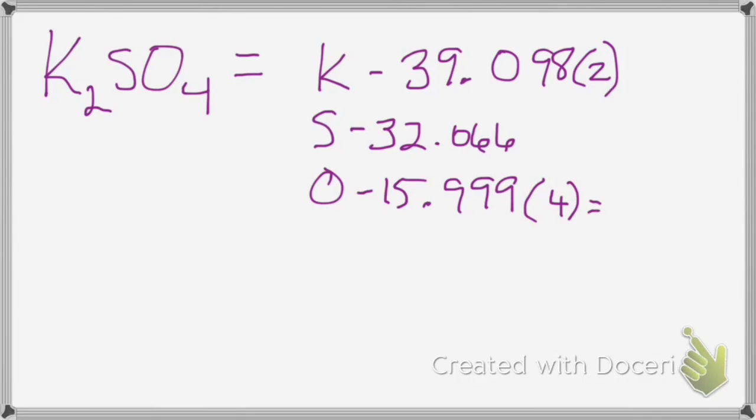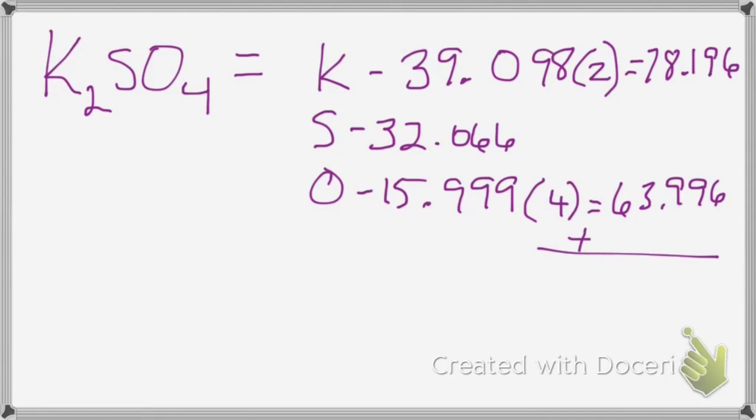Okay, so let's go ahead and I like to do those separately, personally. 39.098 times 2 is 78.196. And then 15.999 times 4 is 63.996. Okay, and then I'm going to add all those now.